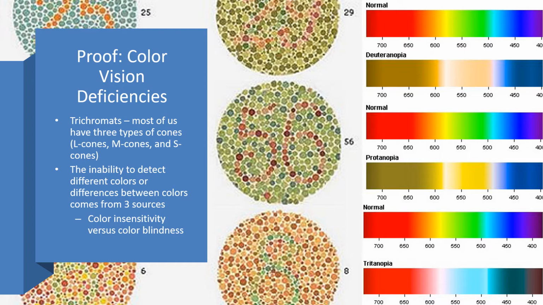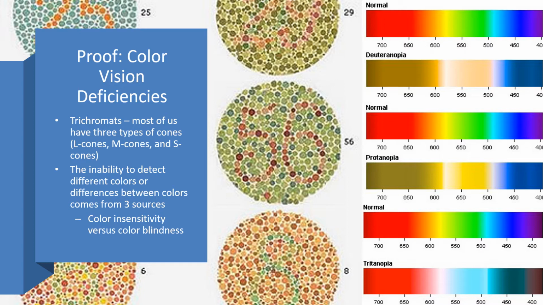Now, these particular types of color deficiencies are very rare, where we're talking about less than 2 or 3% of the population, and in some cases even less than that, depending upon which populations we're looking at. Instead, what we tend to see more often are these things called color insensitivities, where there are different combinations of individuals that can't see certain colors when there aren't clear defined boundaries or transitions, which makes some people not be able to see the numbers 29 and 56 and 8 and 6 and 25 that you see pictured in front of you.